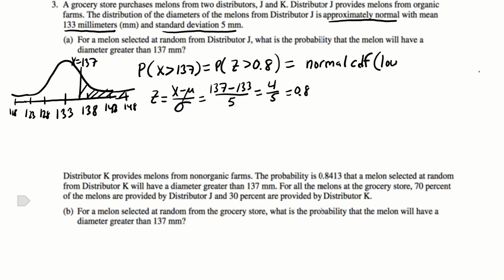Now, since we're using the normal CDF function, it's good to have a graph so that they can visualize the region. So we got lower, and the lower region is 137. Our upper is infinity, so we're just going to say 1,000 or something like that, or 10,000.